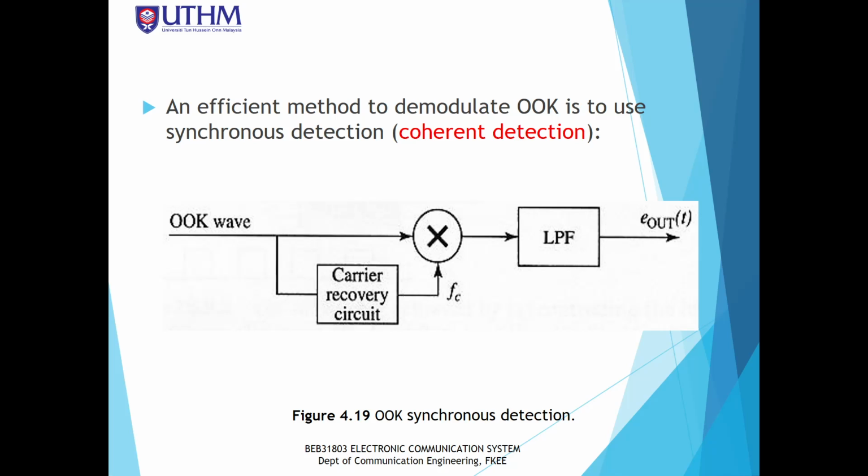Okay, and this is the diagram at the receiver, for detection. This diagram at the receiver is called OOK synchronous detection. So if we look, the input at the receiver is the OOK wave. Okay, so there is a carrier recovery circuit. So we will multiply again with the carrier, the same carrier from the transmitter, a carrier with the same frequency as the carrier at the transmitter. And then we go through the low pass filter, and then the output signal is produced.